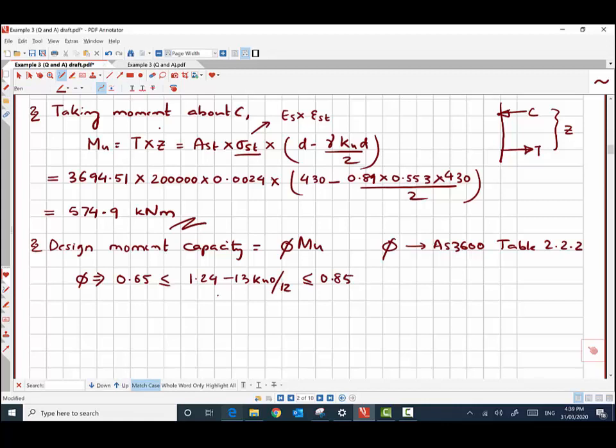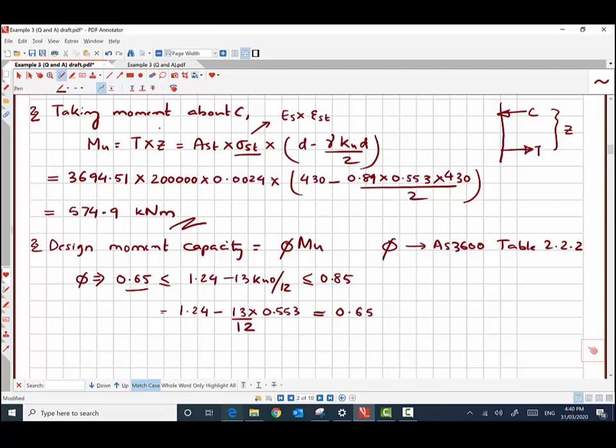Now putting the value of KU here, 1.24 minus 13 into KU, that is 0.553, divided by 12. If you work this out, it comes out below the minimum, so we have to use 0.65.